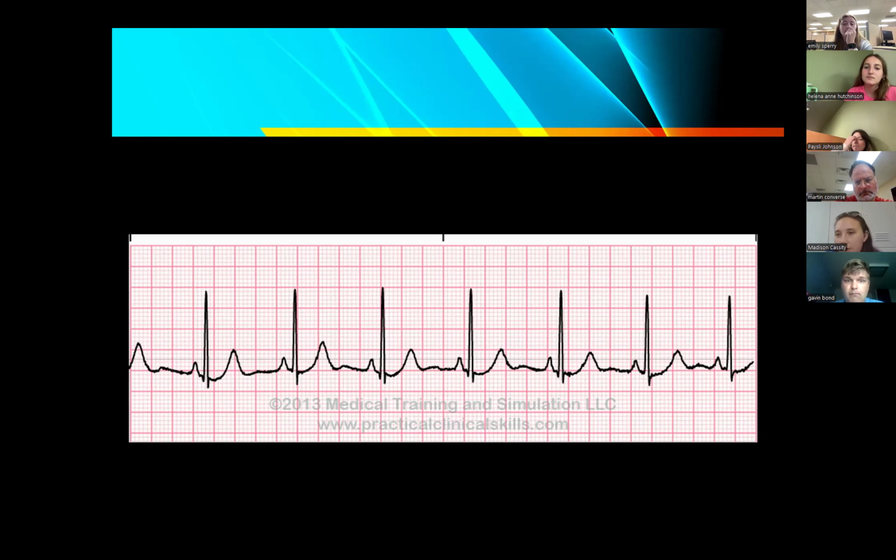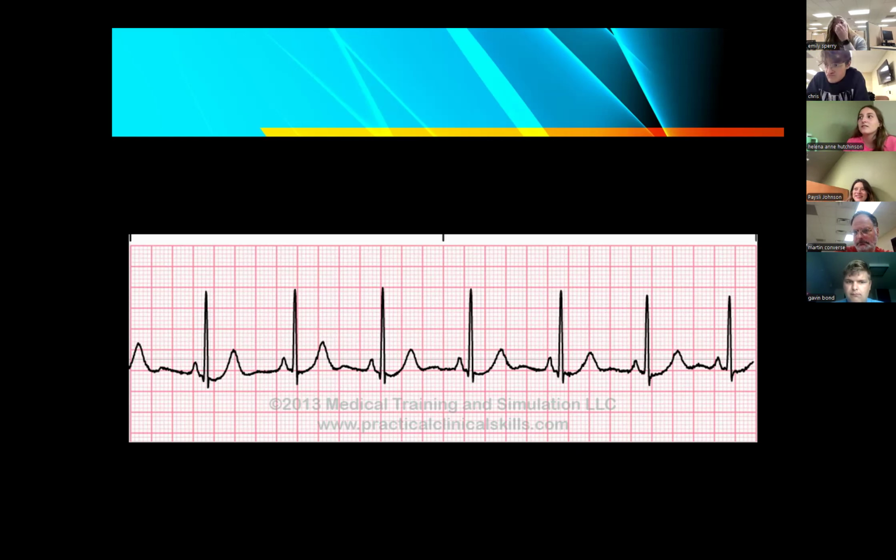Looks regular. Perfect. Do you see P waves? Yes. Do they look normal? Yes. Do they look the same moving across? Yes. Okay. Let's enlarge it just a bit.